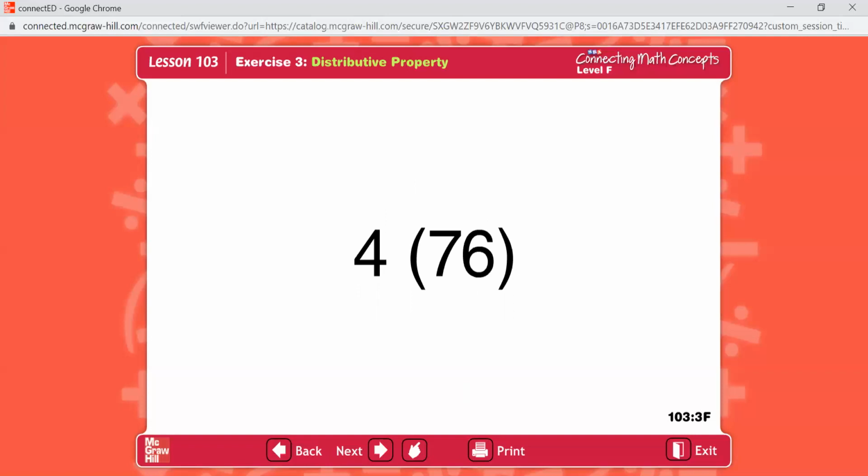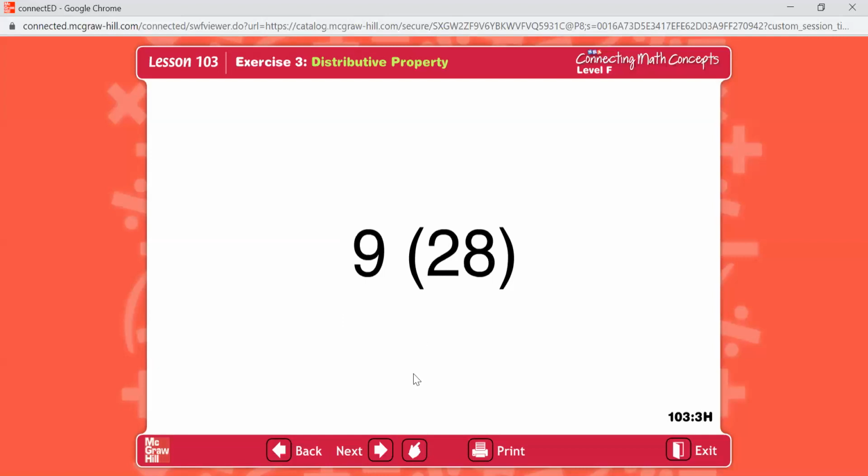The two problems we'll add together to solve this is 4 times 70 and 4 times 6. 3 times 51. We'll work the problem 3 times 50 plus 3 times 1. 9 times 28. To solve this, we're going to add together 9 times 20 and 9 times 8.